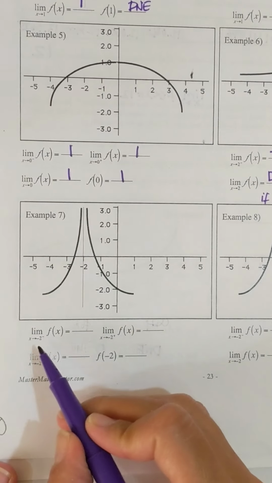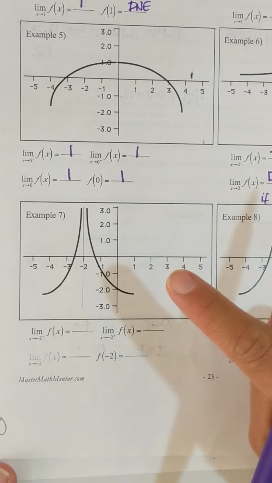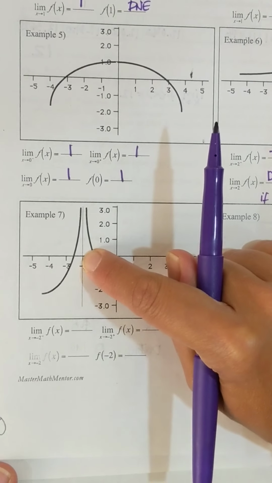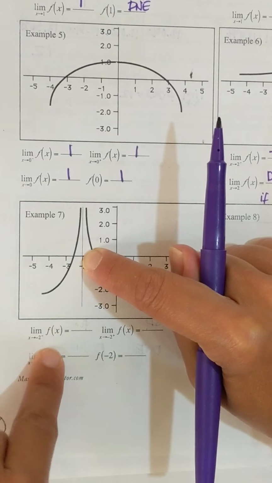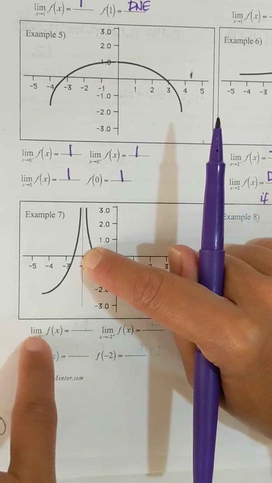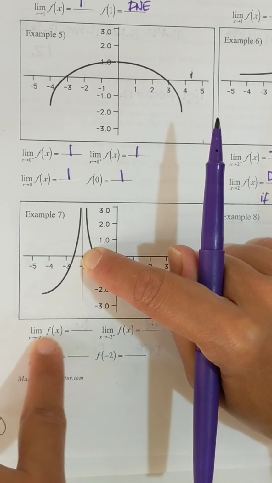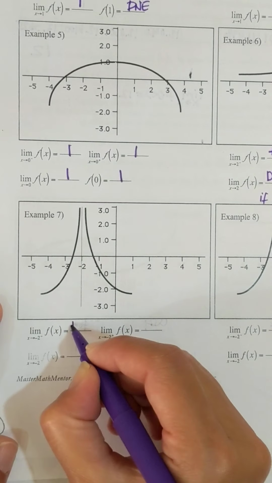All right, this one. The limit as x approaches negative 2 from the left. Sorry guys, it's a negative. Let me repeat that whole sentence. The limit of f of x as x approaches negative 2 from the left is positive infinity.